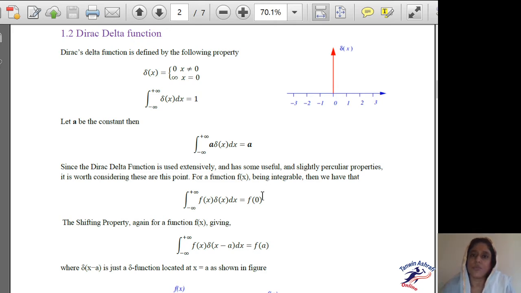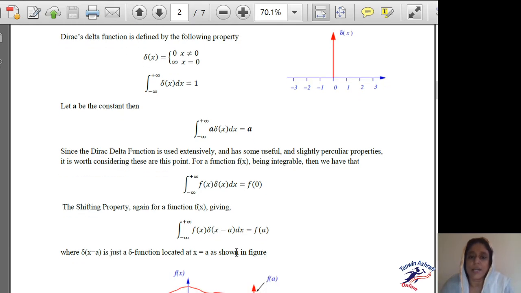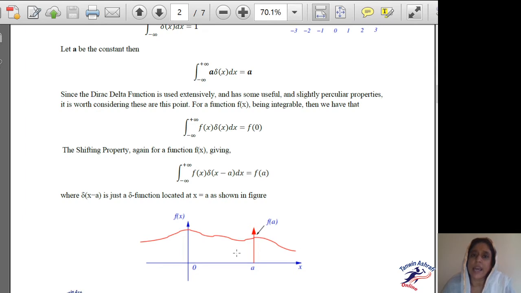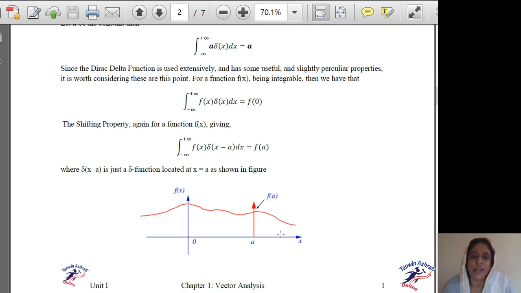The second property of the Dirac delta function is the shifting property. Again, we have the same function f of x, but this time we want to shift. We don't want f of x to exist at x equal to 0. We want f of x to exist at some other specific value apart from 0. Let's suppose I want f to exist at x equal to a.